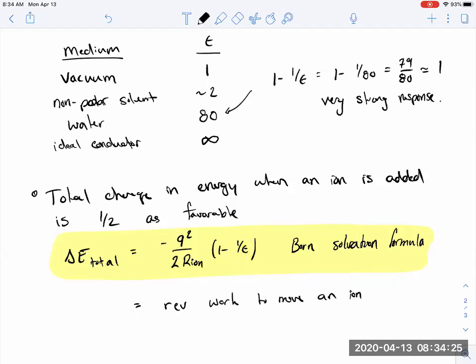Well, one can imagine that a medium in which the ion would not interact with anything would be a vacuum. A vacuum is an idealization of what you might have in just the vapor. A typical vapor away from its critical point would have a dielectric constant which is essentially 1. So to a good approximation, this change in energy is the change in energy you would find if you moved an ion from the vapor to the liquid.